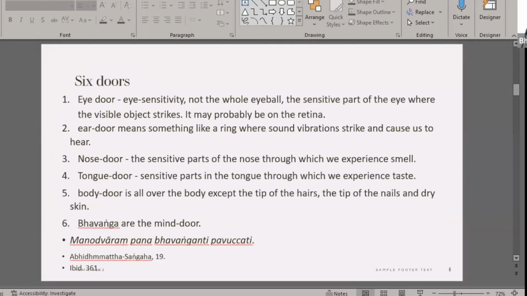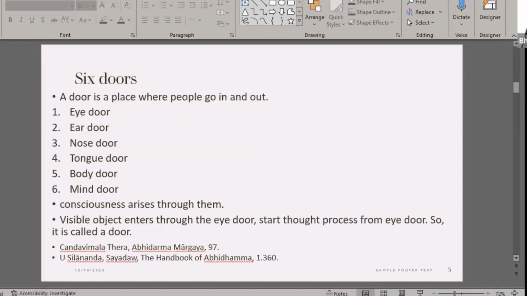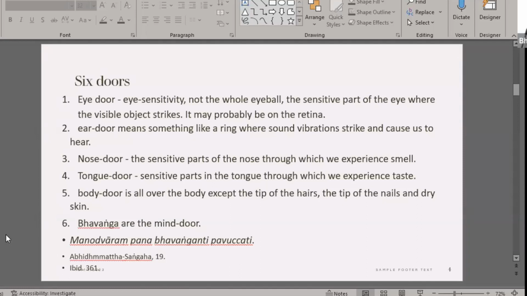So ultimately, what are these doors? Eye door means not actually the whole eyeball. Sayadaw U Sīlānanda mentioned that. His idea is that it may probably be on the retina, which is almost the same as the biological sense.